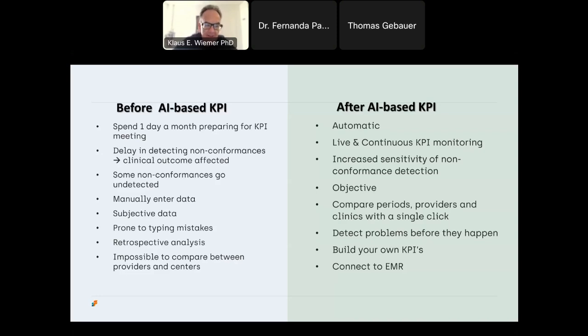A lot of times these non-conformances would go undetected, and it was impossible to compare between providers and centers. And this, I think, is really important now with these huge IVF networks where the lab director might live in California but directs labs in Texas, for example.